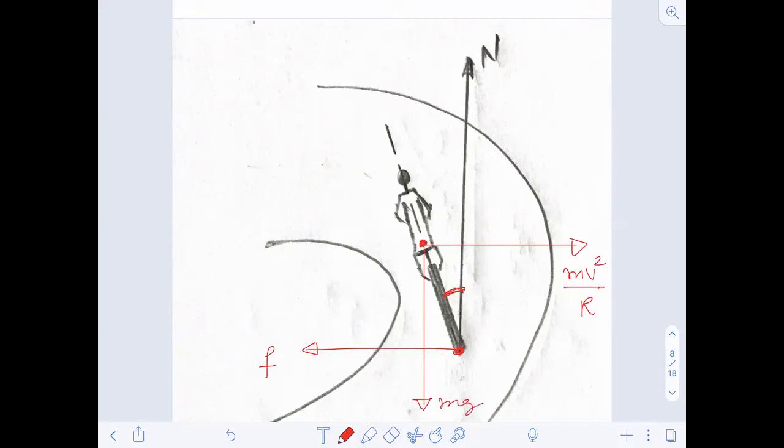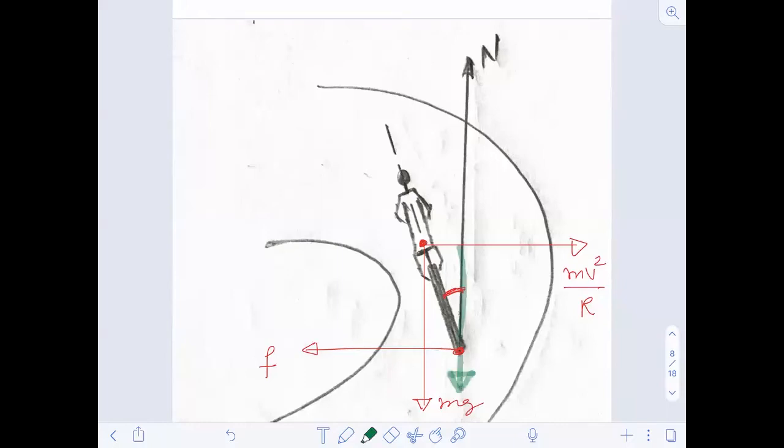Anybody having any doubt with this FBD? Okay. Now just see here. Suppose this person is not tilting. Will this mg be along this line only?